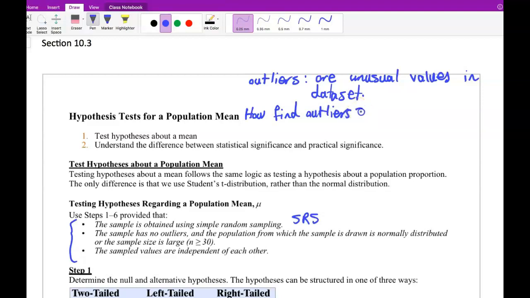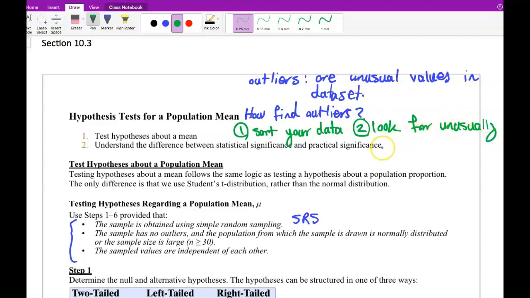How to find outliers? First step, sort your data. Then second step, look for unusual high or low values.